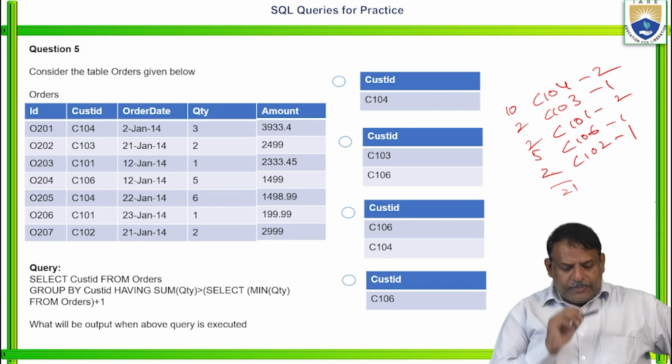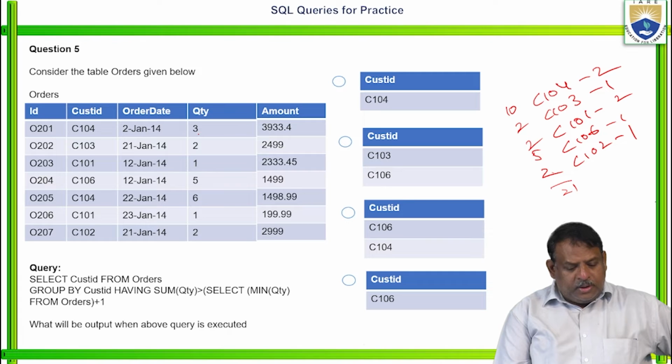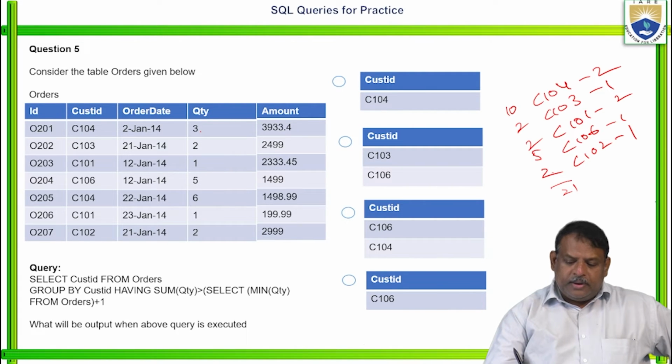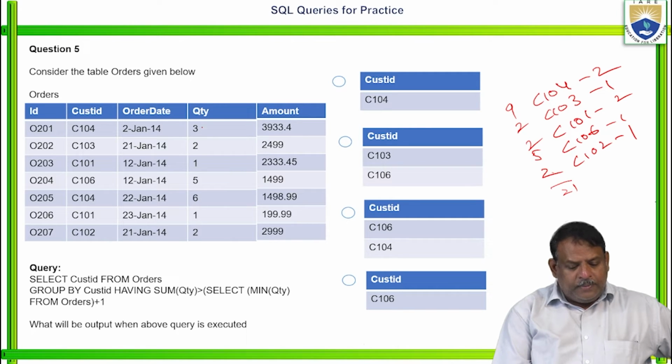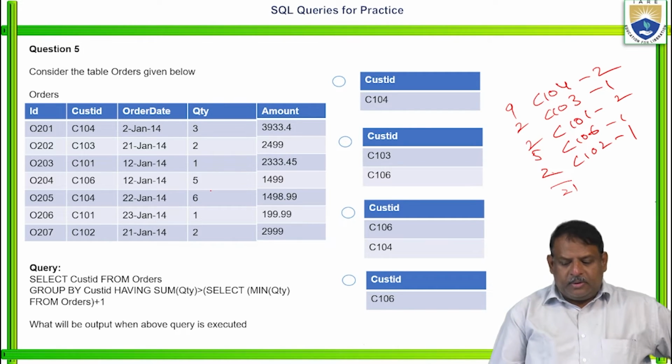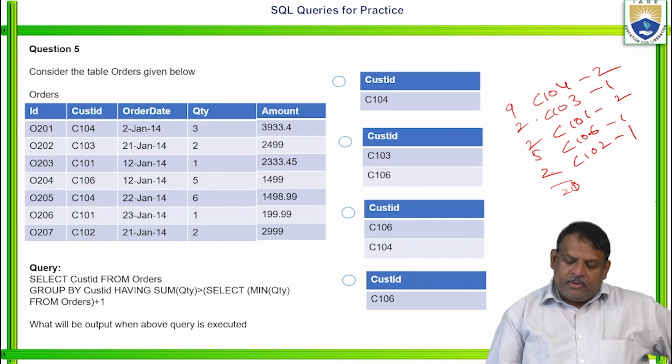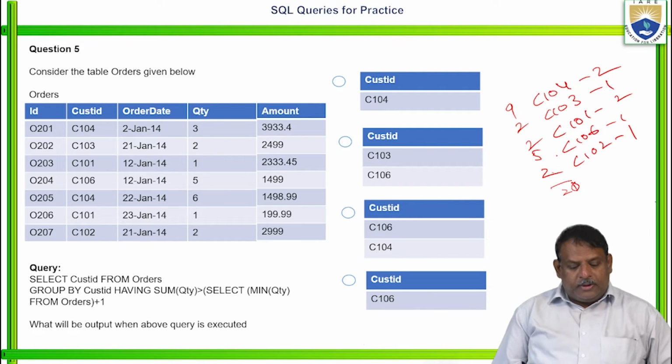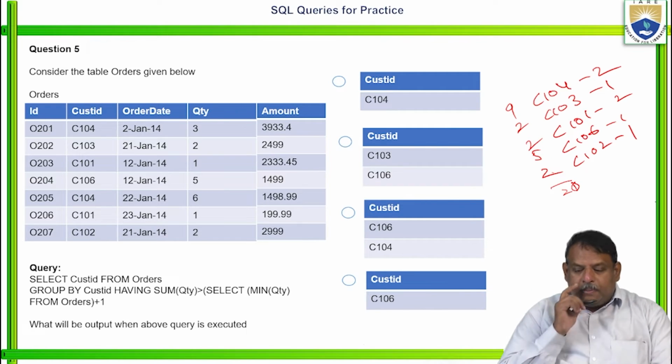Somewhere it is wrong. Where did we go wrong? We will see. 103 is 2. 104 is 9. 3 plus 6, 9. Now 20 is matching. 5 plus 6, 6 plus 5, 11. 11 plus 7, 18, 20. So 11, 13, 18, 20. Now finish.